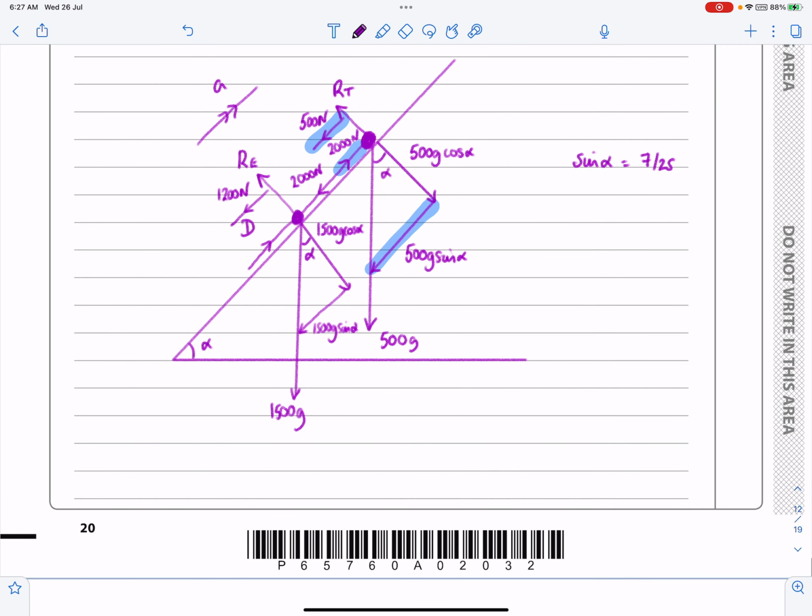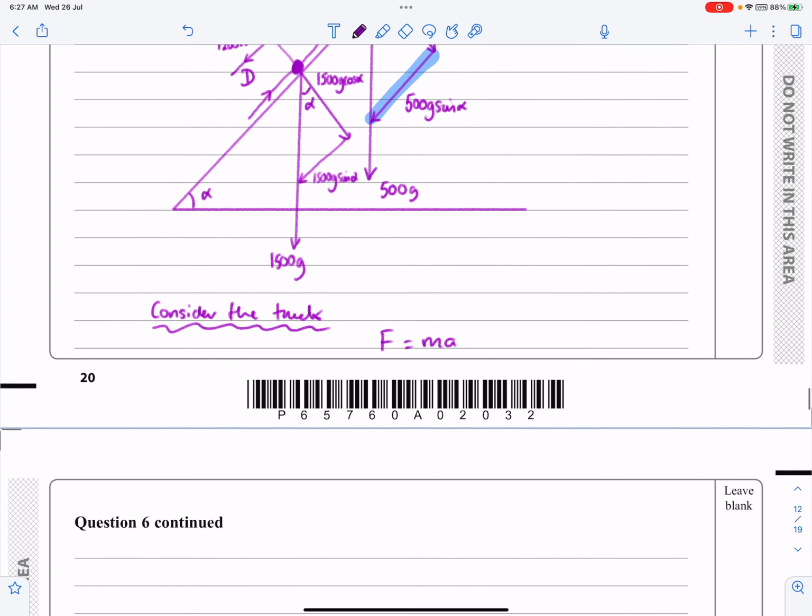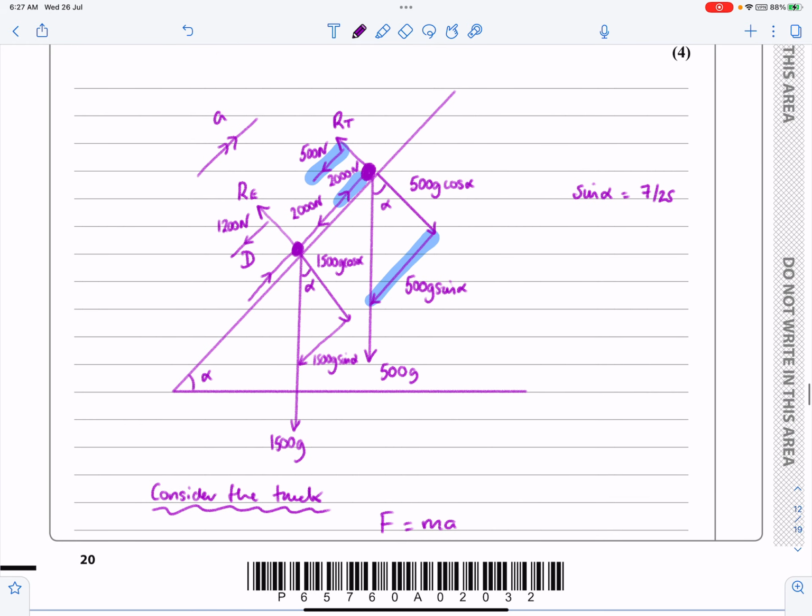Now I need to explain it to the examiner. So I'm going to say, consider the truck. So let's make it clear to the examiner which part of the diagram I'm looking at. F equals ma, which is going to give me, now as we say, because I know it's accelerating in that direction, then that force, the 2000, supersedes the 500 and the 500g sine.